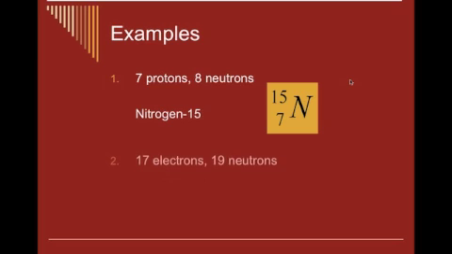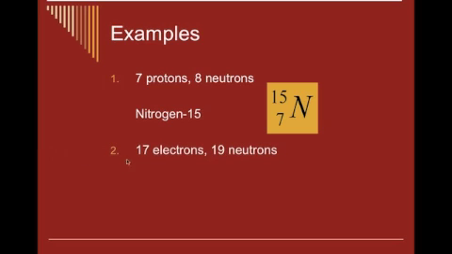Another example would be number 2. It says that we have 17 electrons and 19 neutrons. Now in the previous slide we said that in a neutral atom, the number of protons equals the number of electrons. So therefore, we have 17 electrons. We know that we have 17 protons. So we look on the periodic table, the atomic number 17, and we have chlorine.